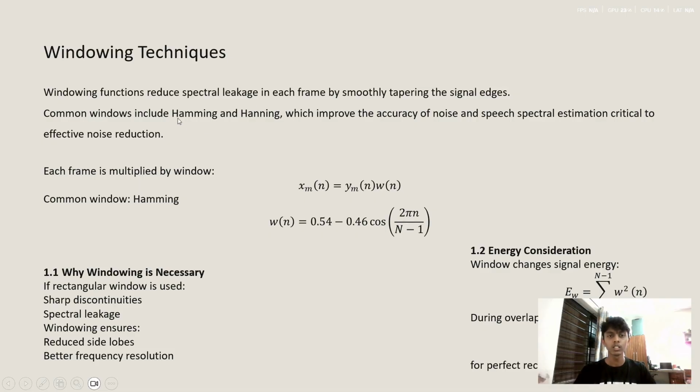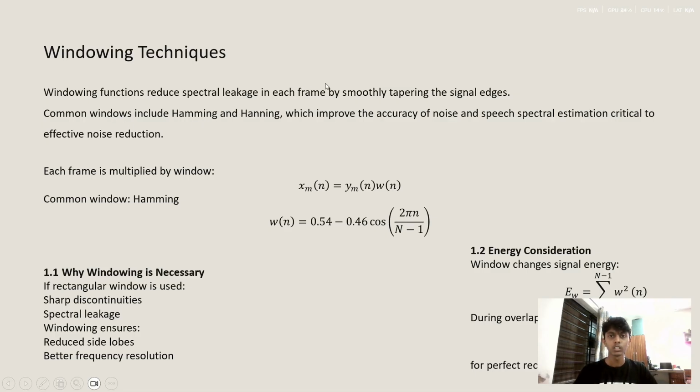Once the framing is performed, it introduces discontinuities. The signal will be continuous, but the values will be discontinuous at the frame boundaries. So that's why we perform windowing, to make it a smooth weighing function.